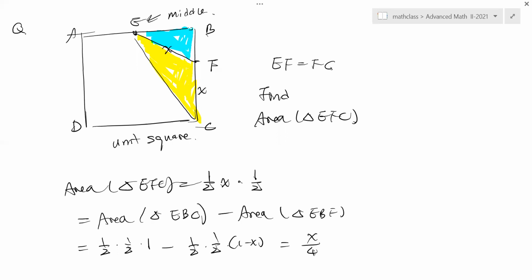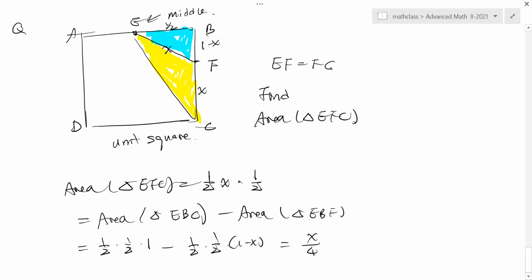So you find x. To find x, you need to find the right triangle and apply the Pythagorean theorem to the right triangle. So what is BF? BF is 1 minus x. What is EB? EB is 1/2, right?